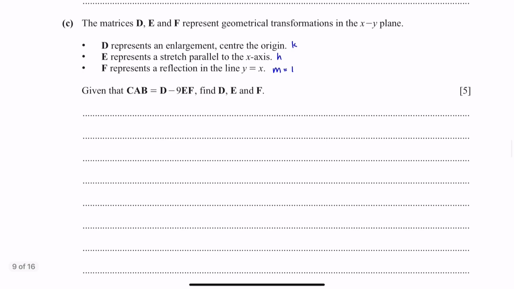Okay, so for matrix D, we can write it like this, since it's an enlargement, this is the form for enlargement. E is a stretch parallel to the x-axis, and we can write it like this. F, we can write it like this.